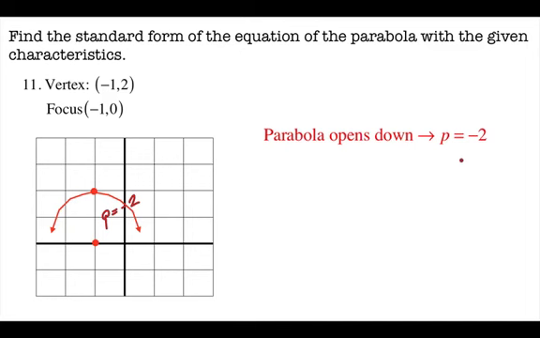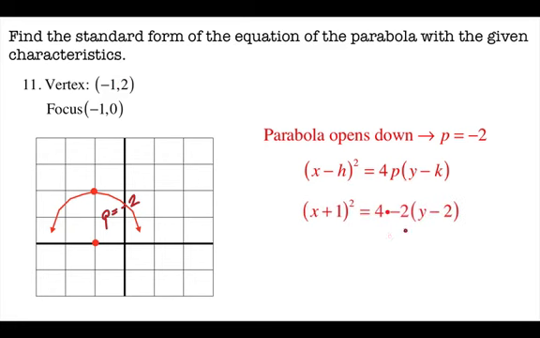So that's why we have the following. Then I plug this information into the appropriate form. And again, this is the form when h, k is not 0, 0, the origin. Then at this point, you substitute your vertex, your p, you simplify, and this is the answer.